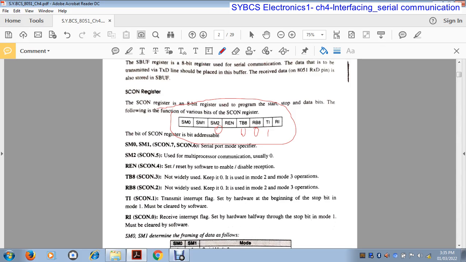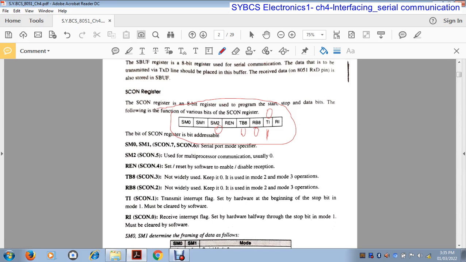While the information is being transmitted, the TI flag is 0. When the transmission is completed, it becomes 1, which represents that all the information was transmitted successfully.